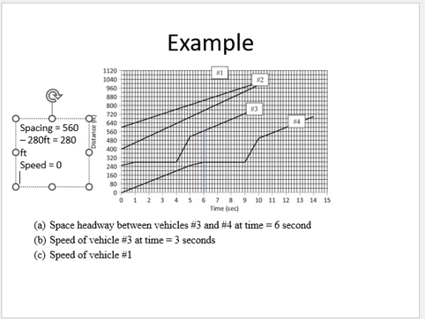Can I do the same for other vehicles? No. Why not? Because the slope is changing. For vehicle 1, there is no change in slope. You can take total distance upon total time, or you can take between any 2 points as well. So you can take between 800 and 720 and look at the time.